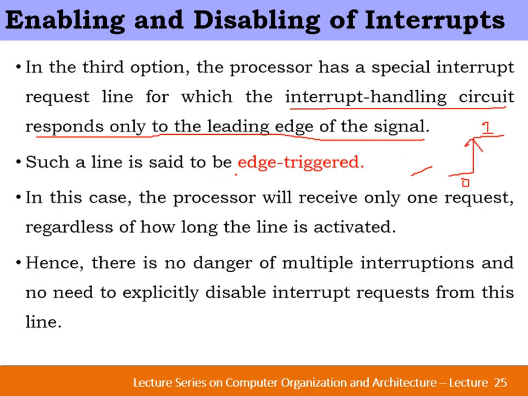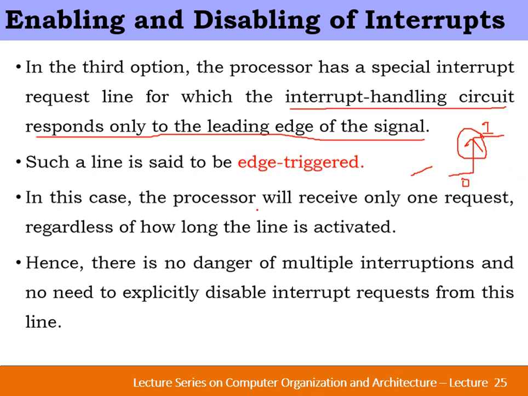Such a line is considered to be edge triggered. The processor will be sensitive only to this kind of signal, changing its value from 0 to 1. If this signal is recognized, the interrupt handling circuit responds only to this leading edge of the signal.